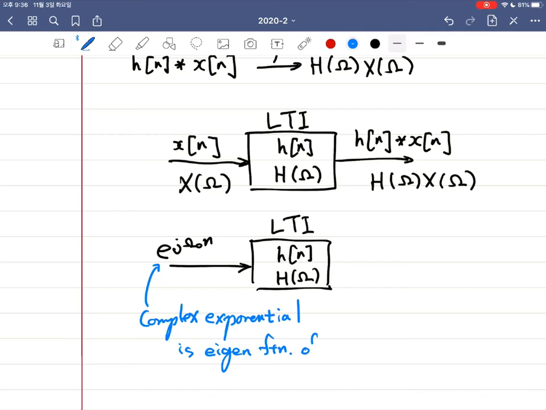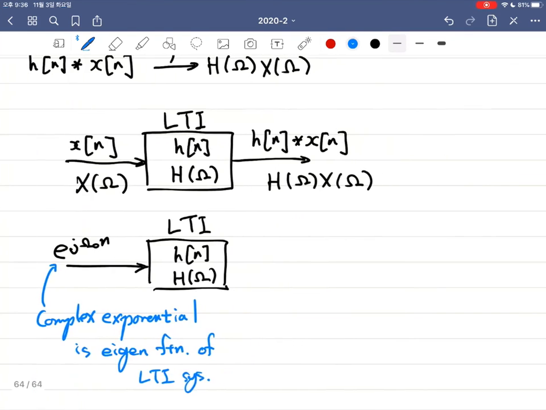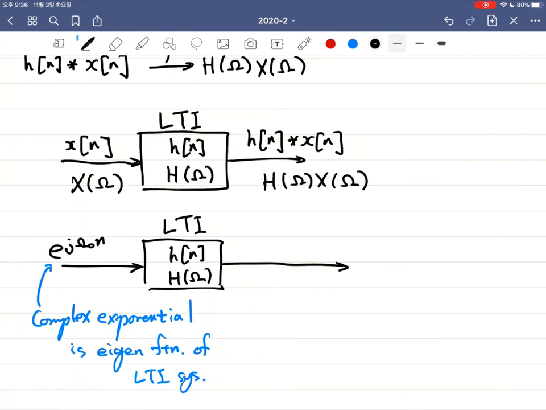And you get the same, what? You get the same complex exponential with the same frequency here, which is multiplied by H of omega 0. So you have the same eigenfunction.